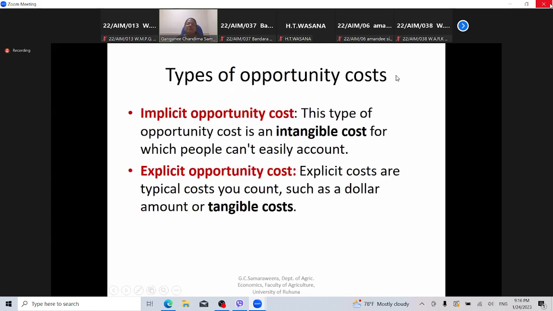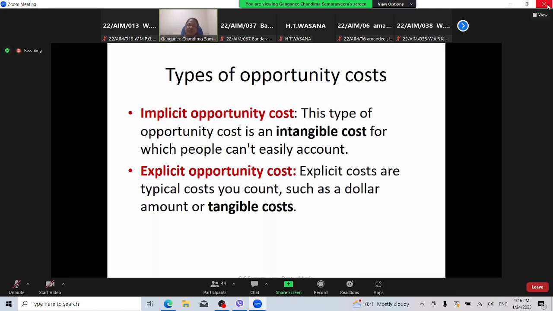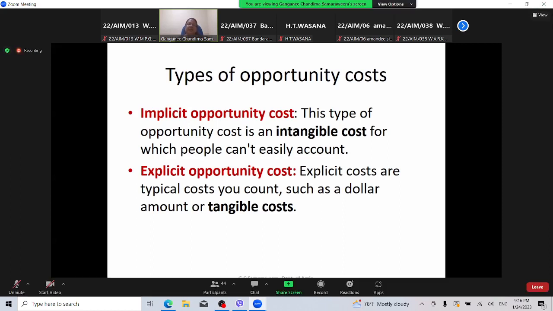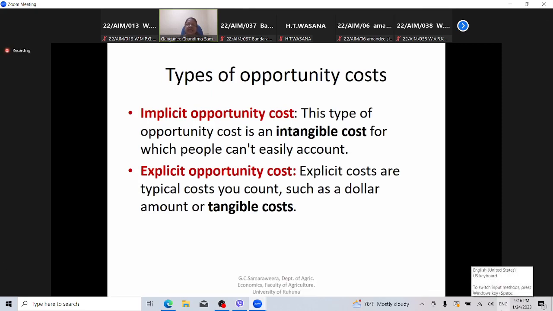Two types of opportunity costs are there. Okay. Implicit. People can't easily account for your kindness, your satisfaction, and any other, your beauty. So that also we can measure. Normally at these times we can give Likert scales or something to measure.